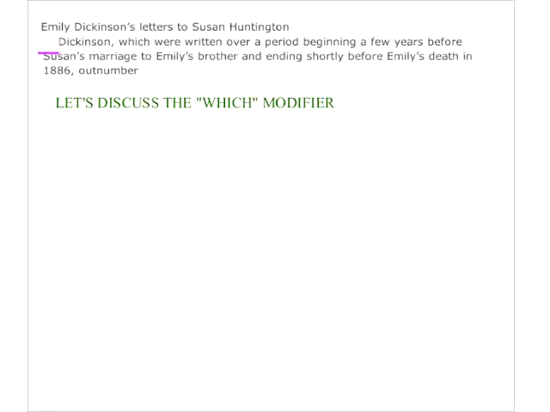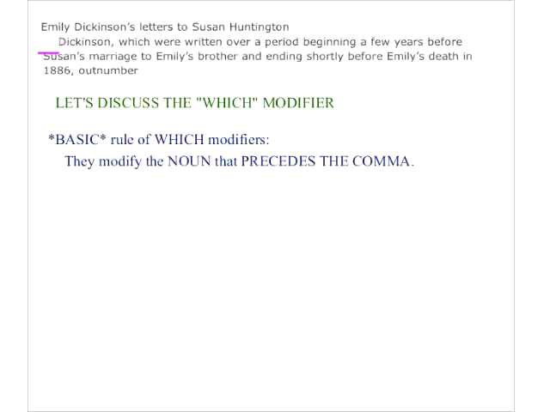The basic rule of which modifiers is that they modify the noun that precedes the comma. This is the first thing you generally tend to learn about which modifiers. On the other hand, this is a basic rule, and in instances like this, we're going to need to modify this rule.